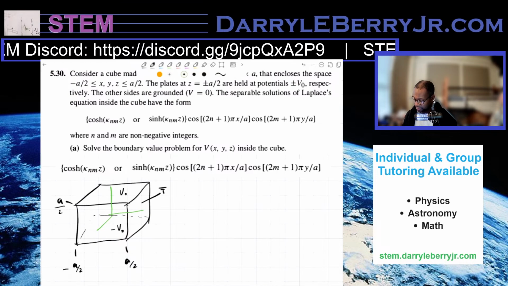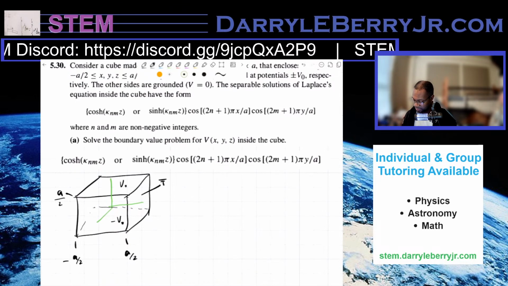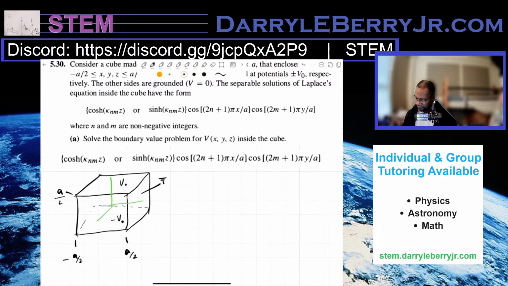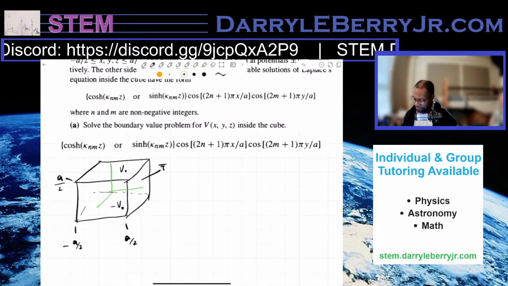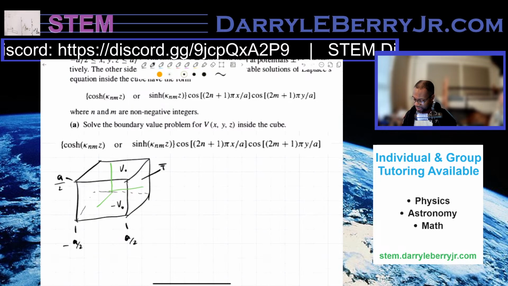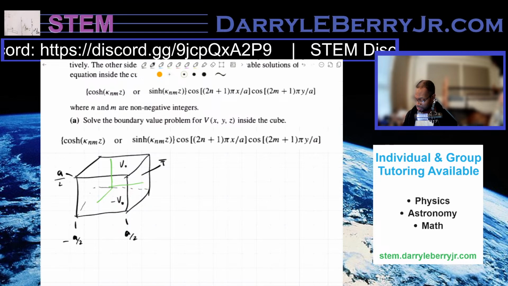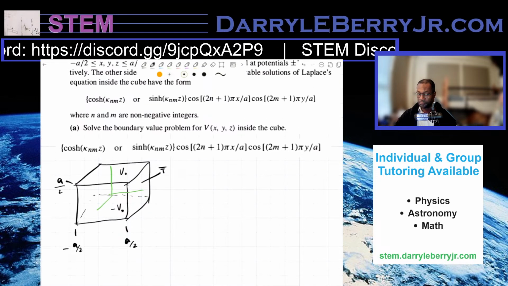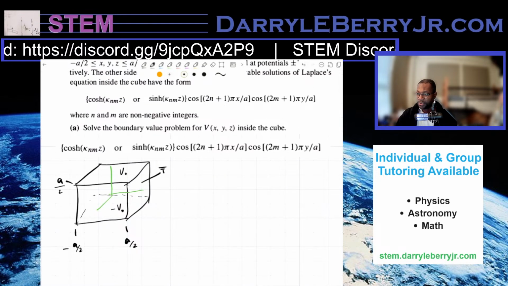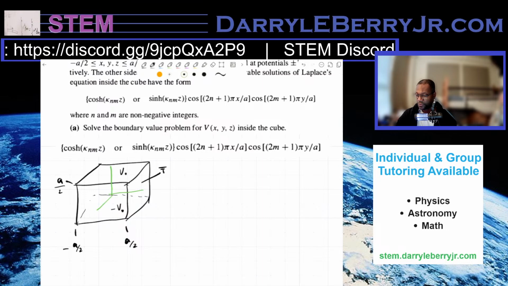The separable solutions give us these two forms, and N and M are non-negative. So solve the boundary value problem for V inside the cube. All right. I may look to the solution for this one.